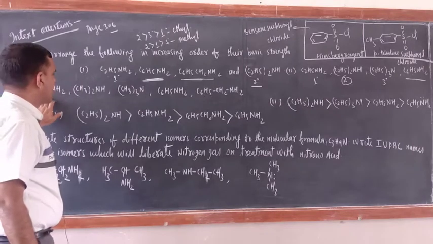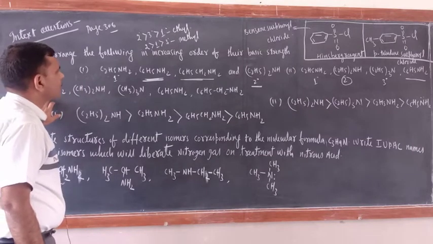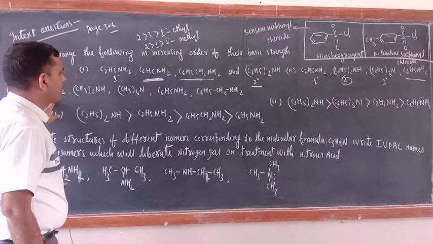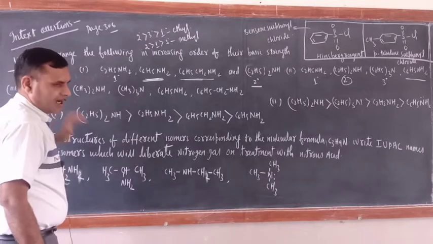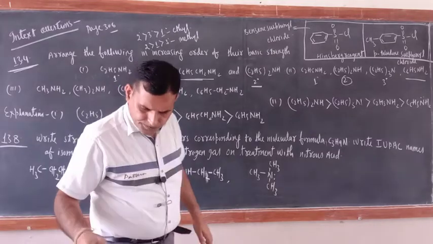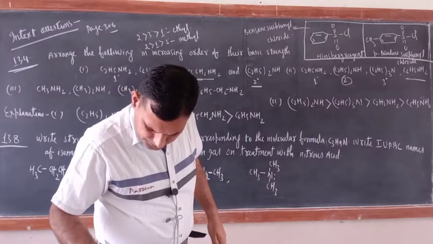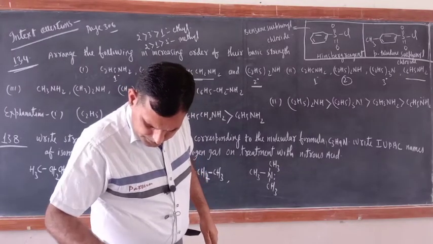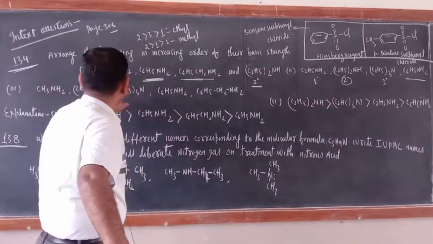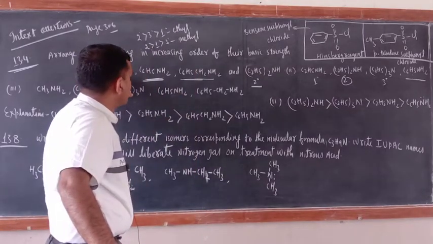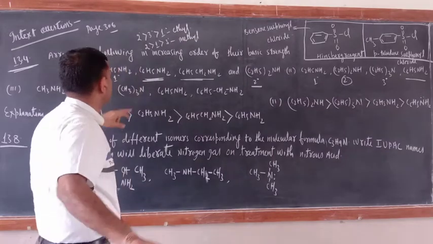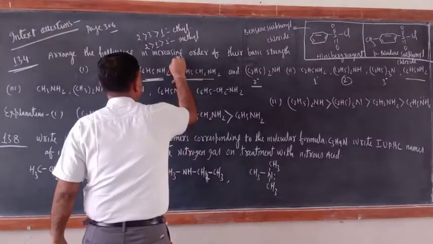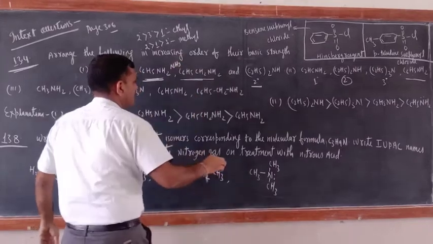The third one is an example of methylamine. In the first question NH3 is missed. NH3 is also there, with C6H5NH2.